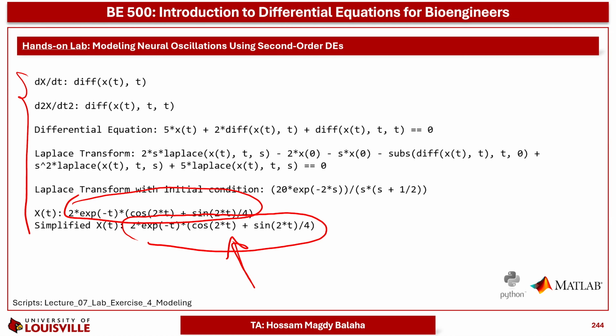Then using both Laplace and inverse Laplace, we engaged both of them in solving ordinary differential equations or initial value problems by following a set of steps: applying Laplace, applying some processing such as solving for X(s), simplifying and substituting with the initial conditions, then returning back to x(t) by inverting the Laplace transform. And we covered two examples, one for drug concentration and another for modeling neural oscillations.